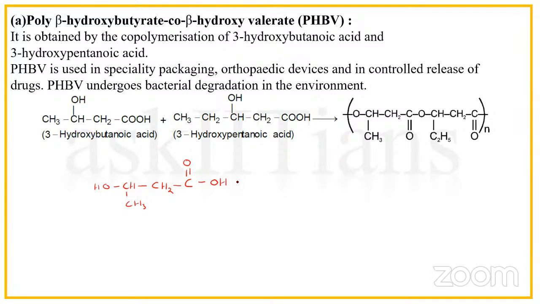We need OH in front of the COOH for the formation of ester. So we take OH, and here 2 carbons are there, so we can write them as C2H5.